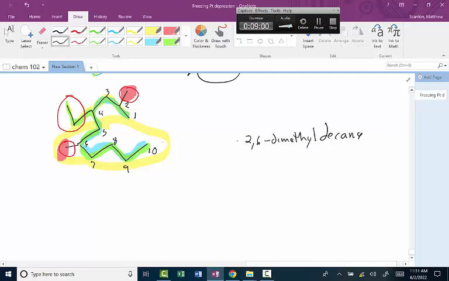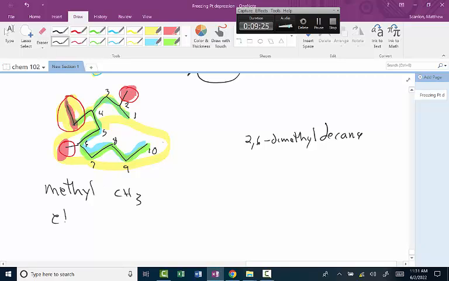dimethyl. And I have a group over here that is an ethyl group. There are 2 carbons on it. See them here? 1, 2. That's my group right there. And so I would have an ethyl group. And remember how we do that. Meth is 1, so methyl would be CH3.